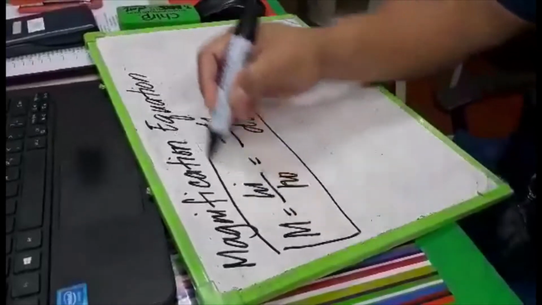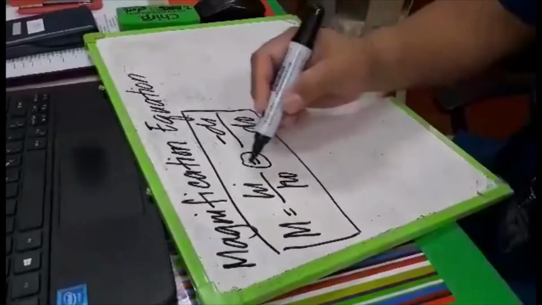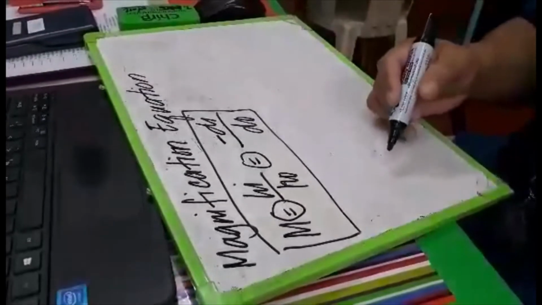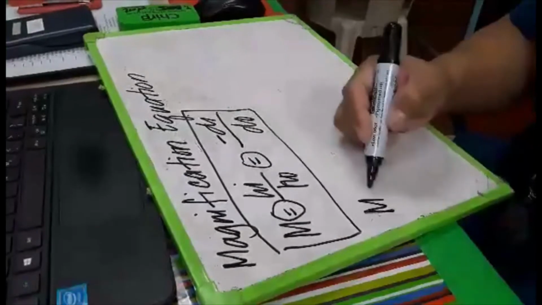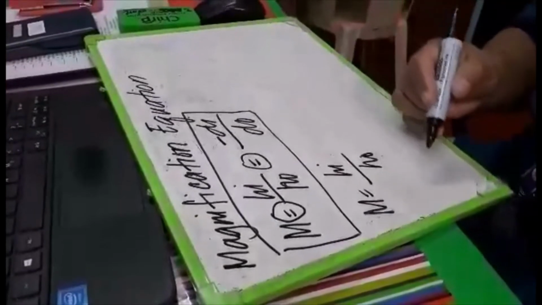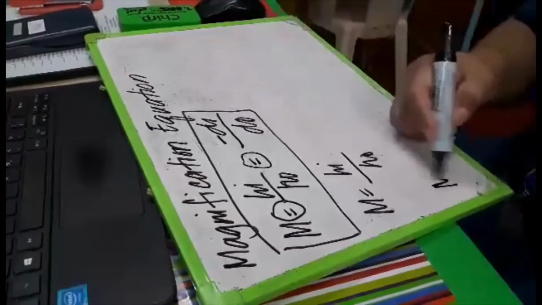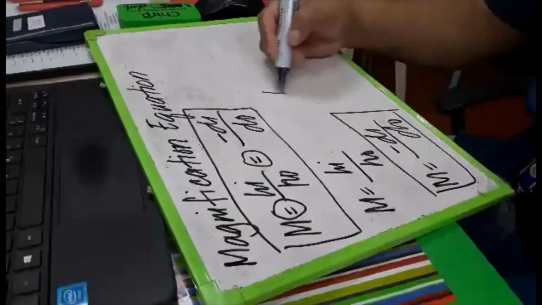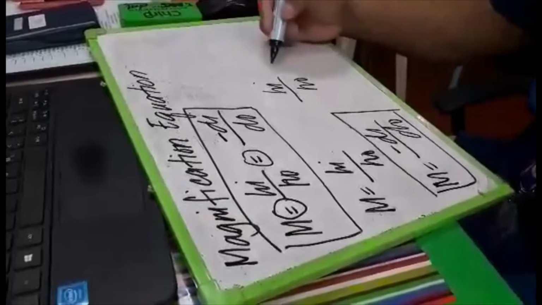Oh, take note that these are all equals po yan. Equals pareho yan. So, pwedeng gamitin natin M is equal to HI over HO, kasi po parehong equals po yan. Okay? Or we can say M is equal to negative DI over DO. Or we can also say that HI over HO is equal to negative DI over DO.